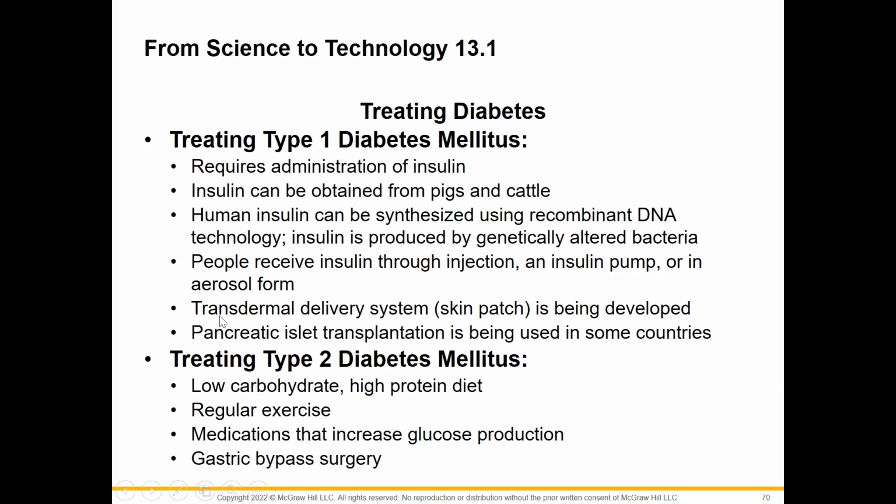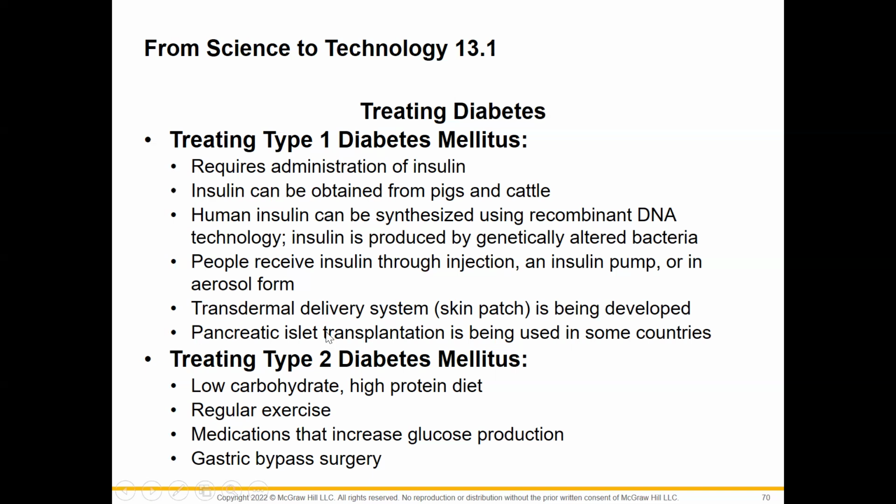There's also transdermal delivery being developed. Transdermal, across, dermal, skin. So basically, they take a patch, they put the insulin on the patch. The patch is attached to the skin, and the person can receive insulin across the skin.